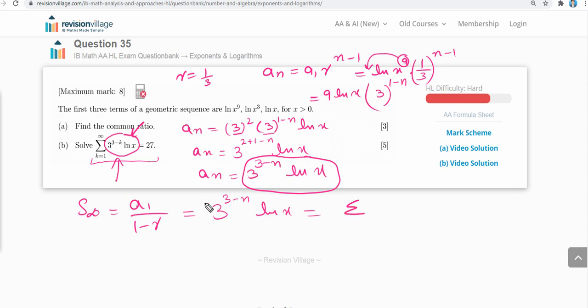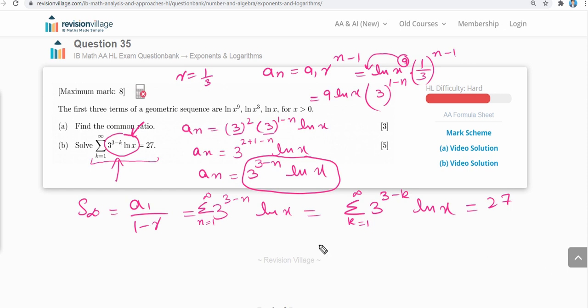which is also equal to the sum of 3^(3 minus k) ln x, k equals 1 to infinity. If I write it for this one, it's n equals 1 to infinity, because we are adding the terms up to infinity, and this whole thing is equal to 27.